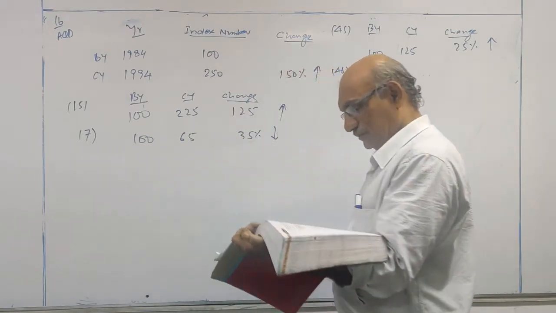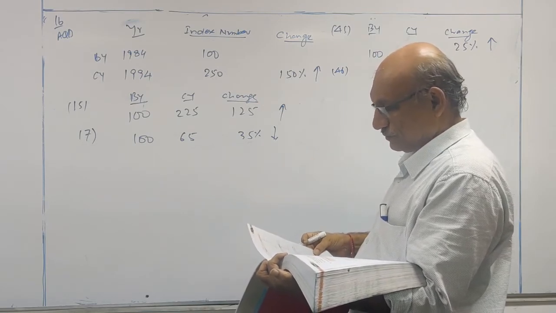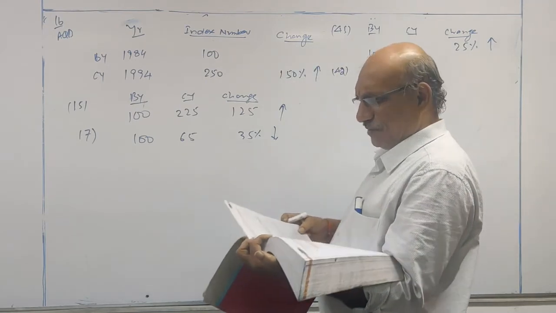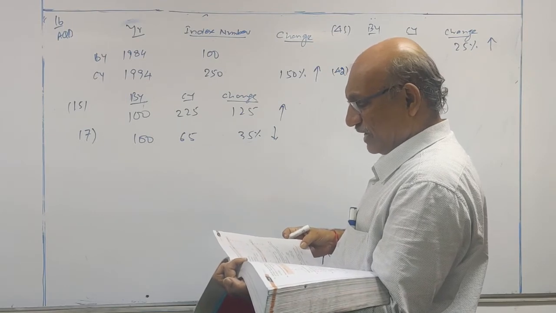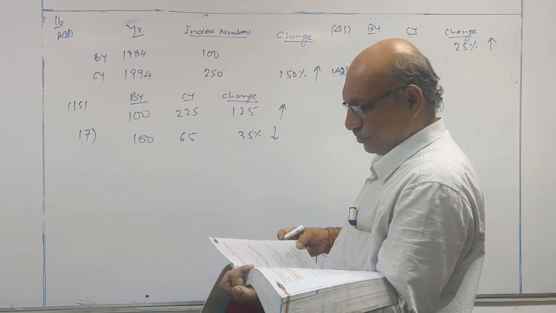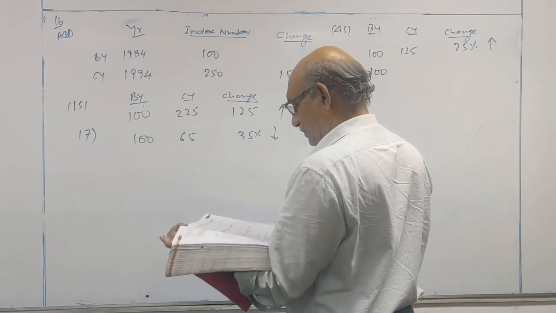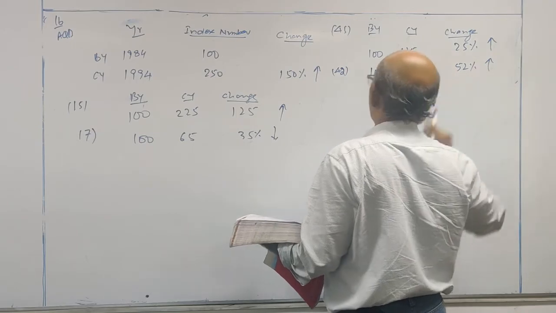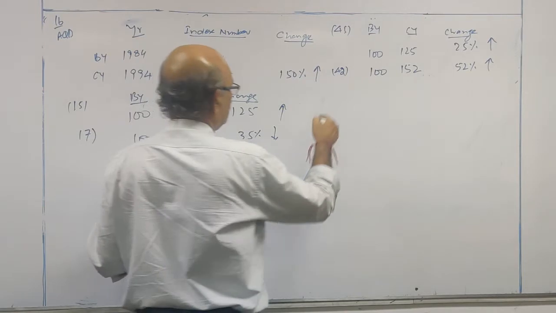Question number 46: the index number of wholesale prices is 152 for August 1999 compared to August 1998. So you have to calculate the change. Base year 100, current year is 152, change is 52% upward trend.